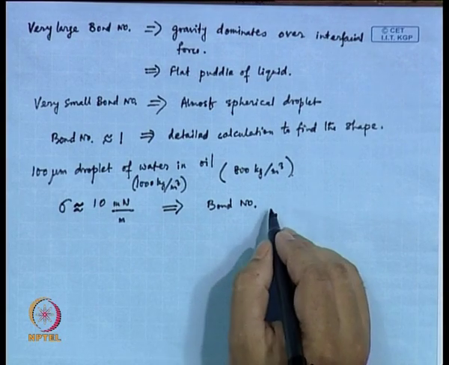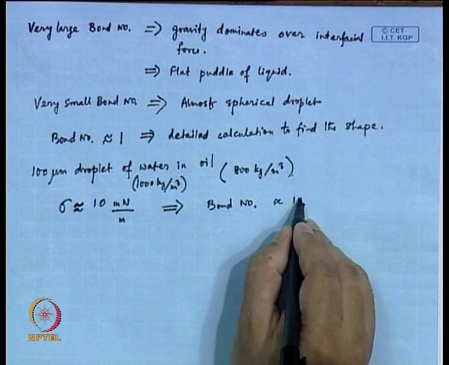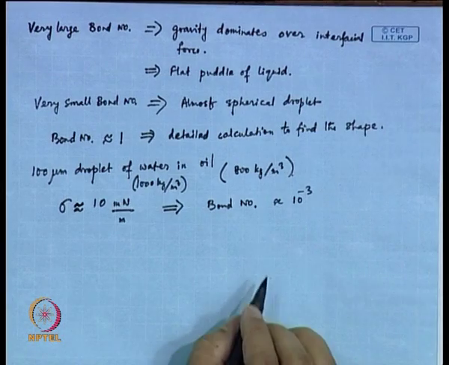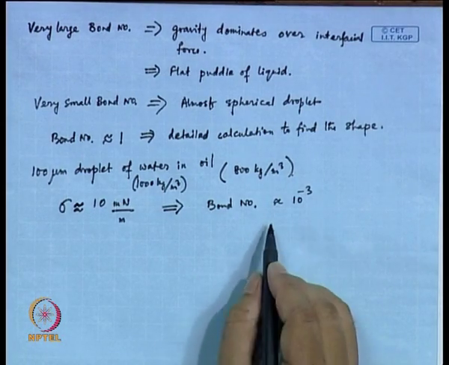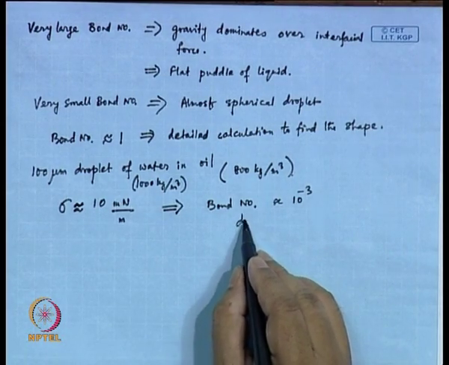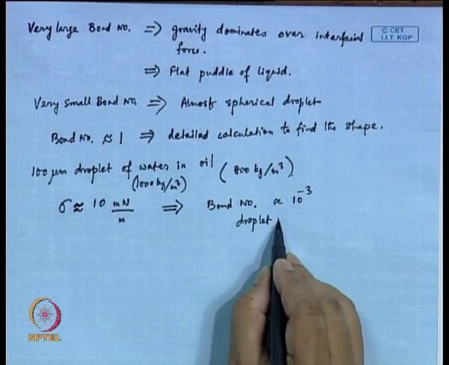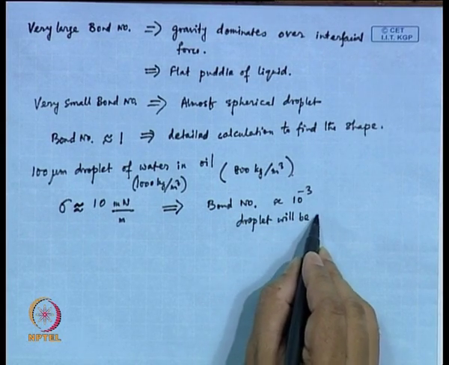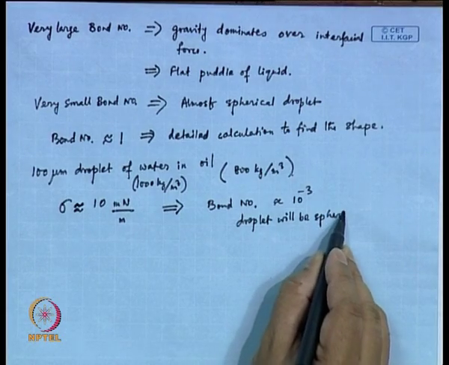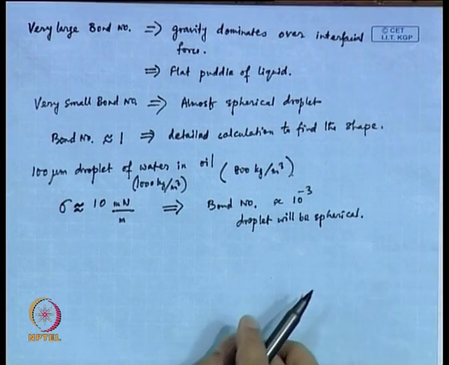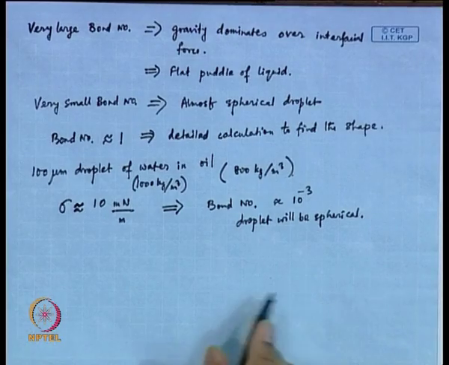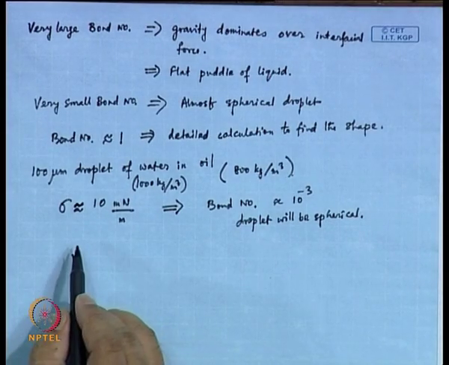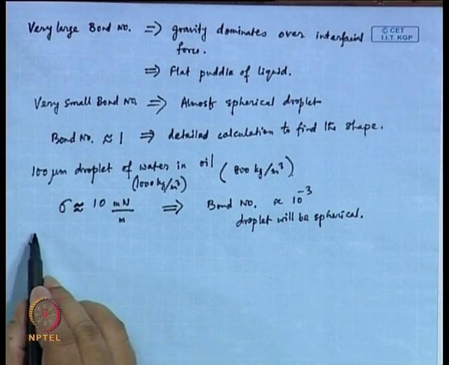I think Bond number would be of the order of 10 to the power minus 3. So, you can conclude that the droplet will be spherical. All right. So, these are some of the numbers that you can work with.